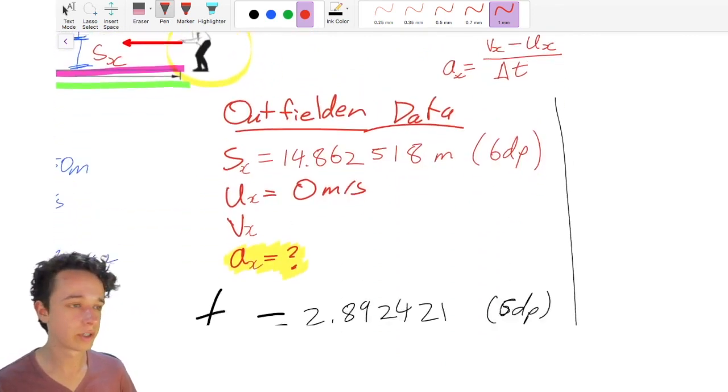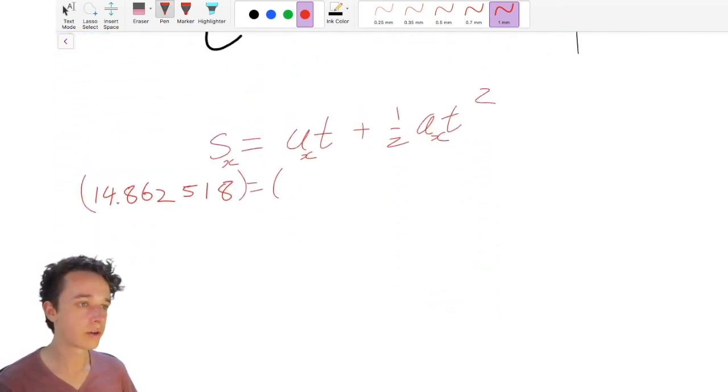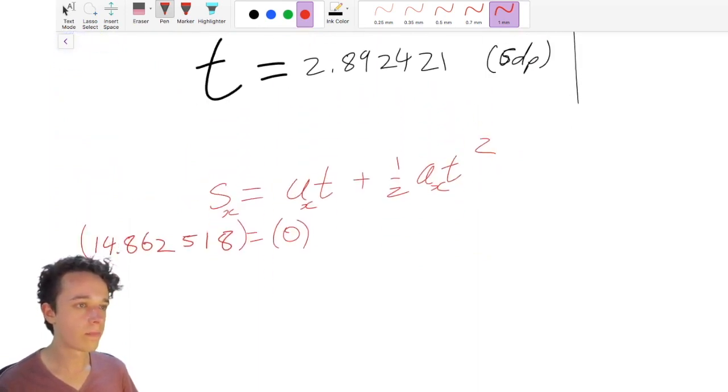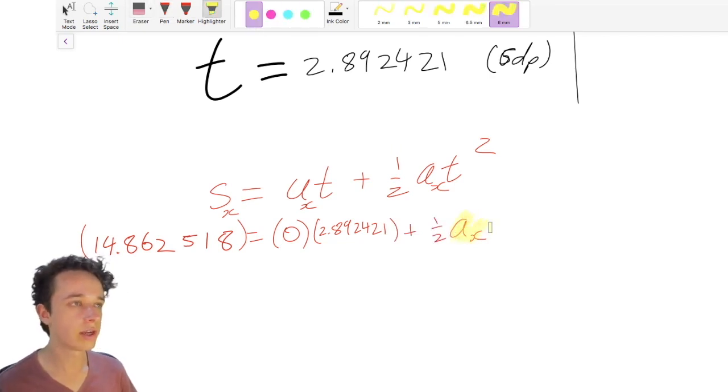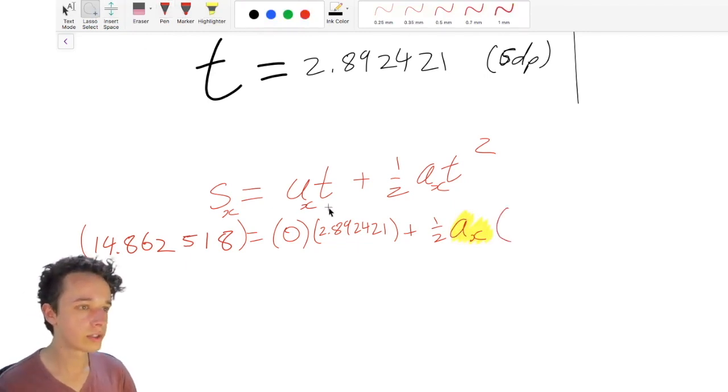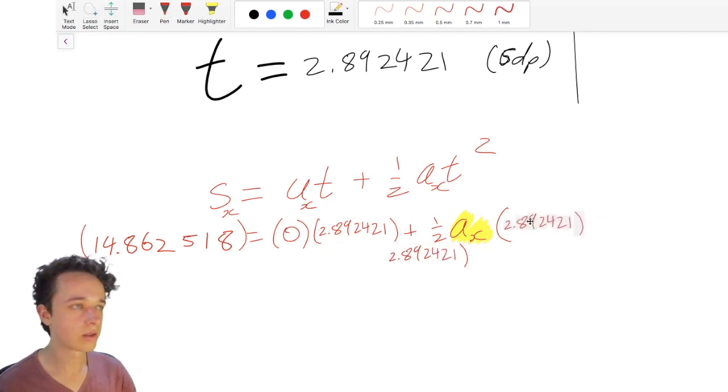That was 0 because she started stationary. So that's a 0. The time was 2.892421 plus half of the acceleration in the x component, which is the thing we are trying to find. So ax, multiplied by t squared, which is this number squared.